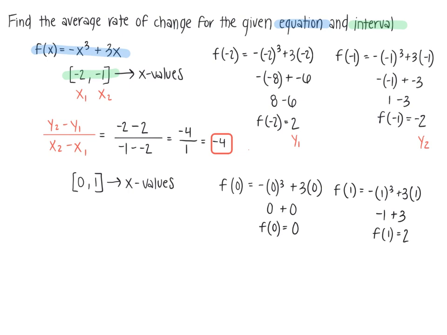Now I'm going to label my x's. Again, I'll keep the first one as x1, the second one as x2. So this becomes y1, this becomes y2. Now I'm going to plug in the equation, so I'll copy it down again from above.